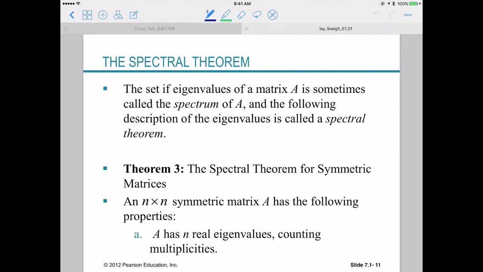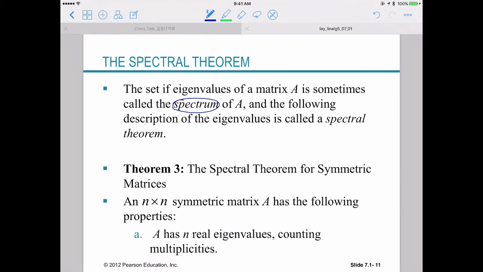Okay, and then let's look at some terms here. Spectrum. Let me skip some intuitive understanding of it and just take its meaning mechanically, without deeper understanding.